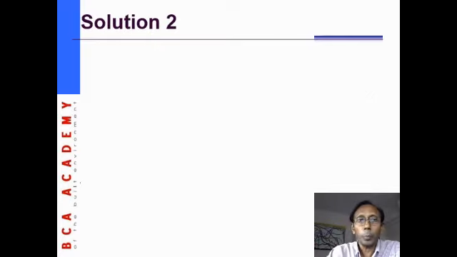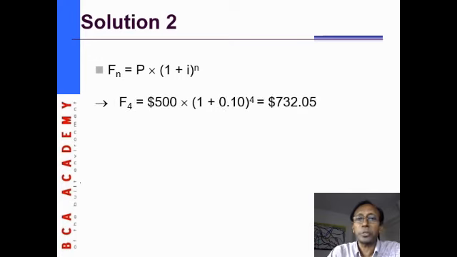I hope you got the solutions right. Let me go through the solution first. The first thing is that we start with the equation principal times (1 plus I) to the power of n for the compound interest in order to calculate the future value after n years. And so we substitute the values. The number of years is given as 4 years.